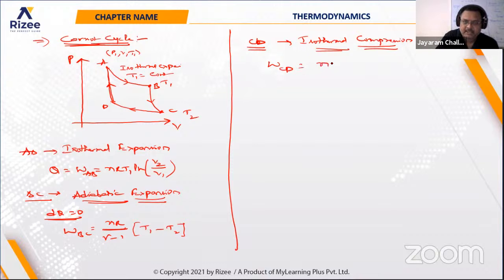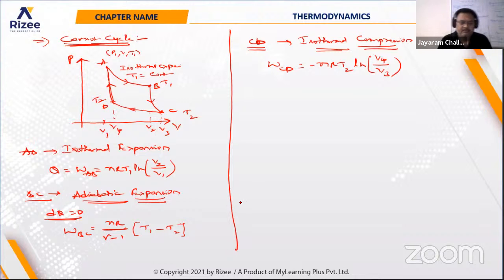Basically that's nR times T2, since the temperature is constant at C and D and remains T2, into ln of the volume ratio. The volume at B is V2 and this one is V3, and it changes to V4. So I have to write V4 by V3 with a negative sign, because the volume is decreasing. At A, let the volume be V1.